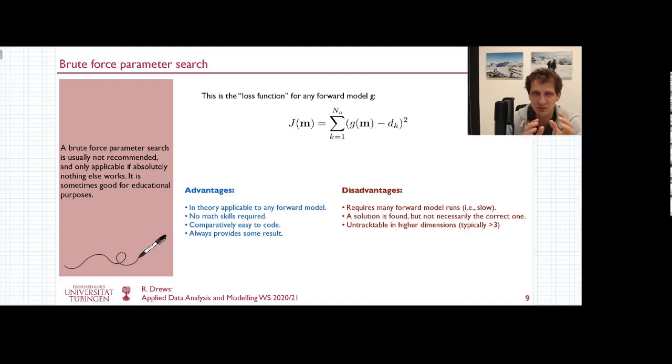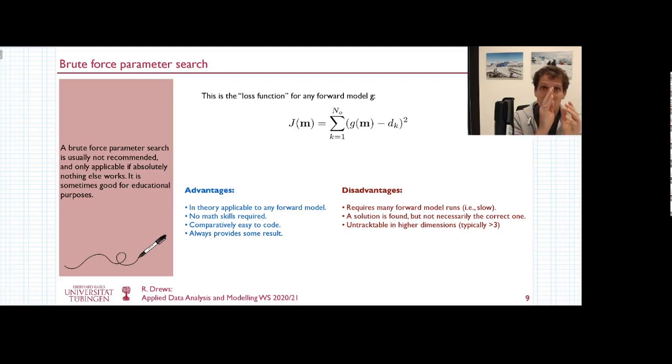However, you will never know if this is the correct result for two reasons. Actually, many reasons, but I will provide two here. First of all, you somehow need to claim what the range of parameters is that you investigate, and the minima of your optimized forward model may be outside that range of the parameters that you investigated.